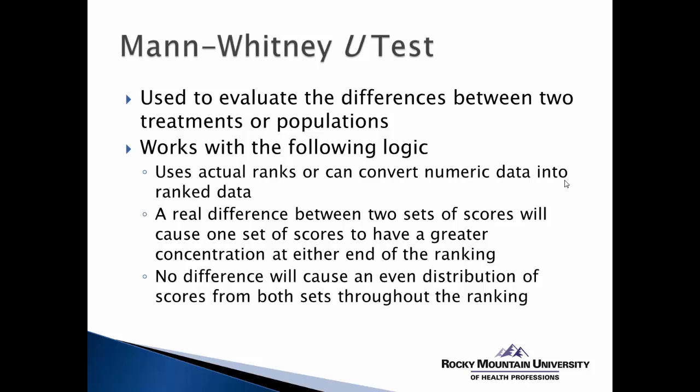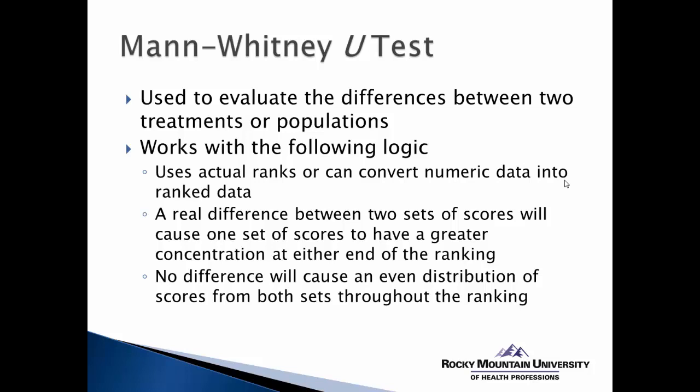So to give you an example you might be able to relate to, if we have two different track teams that are both running in the same race, and we want to test to see if one team is better than the other team, if they're going to have a better finish than team B. And so if team A is better than team B, then most of their athletes are going to finish in the top rankings. They're going to finish first, second, third, fourth, fifth.